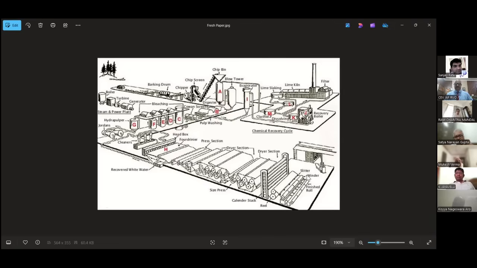Okay? So here we are using the waters for the purifying the chips. Again, water are used, removed from the press section and drying sections, which is a chemically treated water. So this water required the treatment.